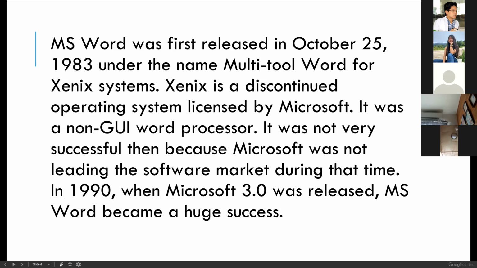It was a non-GUI word processor. It was not very successful because Microsoft was not the leading software on the market during that time. What is GUI? GUI stands for Graphical User Interface. It's a non-GUI, so it doesn't contain a graphical user interface.